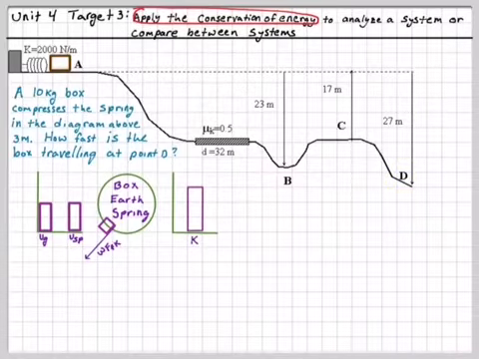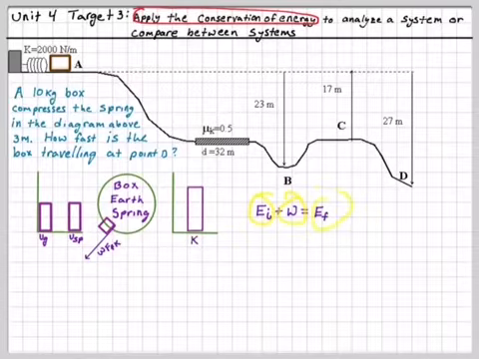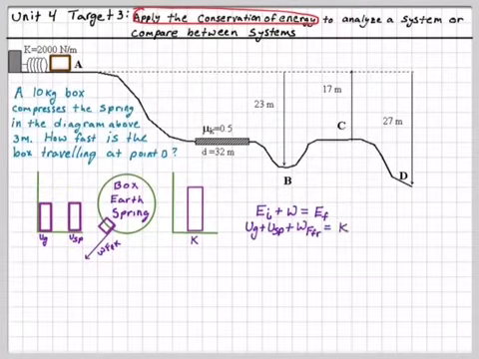So we can then use our LOL diagram to guide us in working through our conservation of energy equation. Energy initial plus work equals energy final. And we see that in our first L, the initial energies are UG plus U spring. We then see that friction is doing work to remove energy from the system, and we're left in the end with kinetic energy.